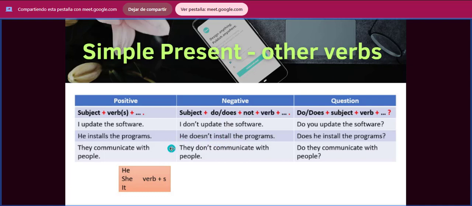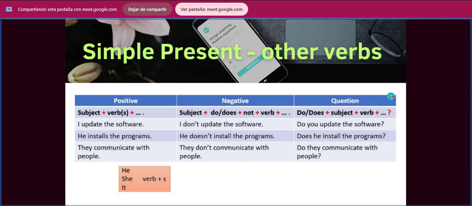And in the case of the plural subjects or pronouns, as they, we, and you, we are not going to add the s, and we will use don't. They don't communicate with people. So in here, we do the same thing as we said in the verb to be about the abbreviation. The construction will be do not, but usually we will use don't, or does not, but we will use doesn't.